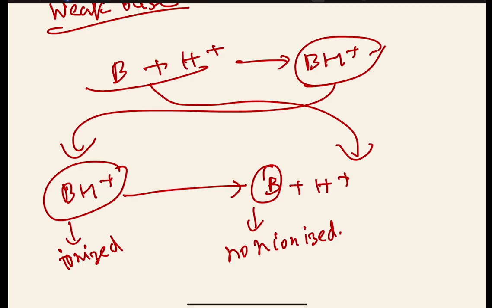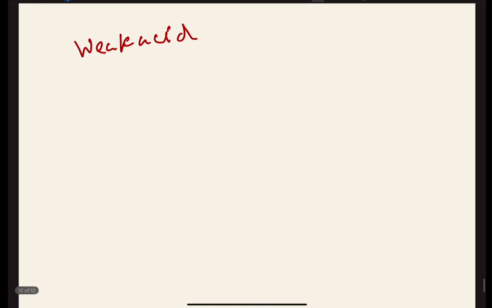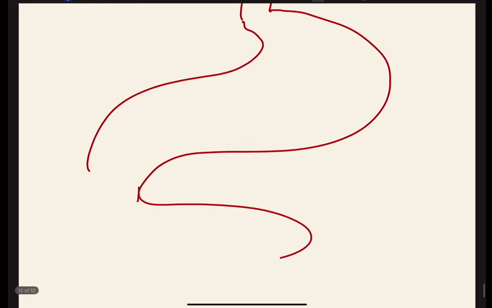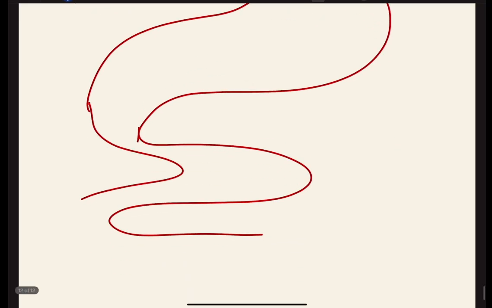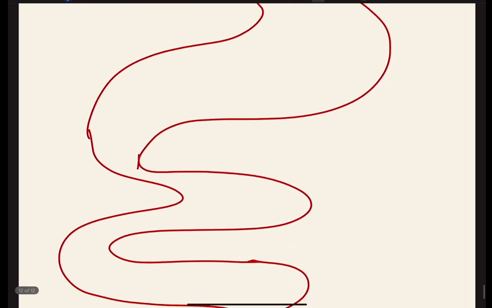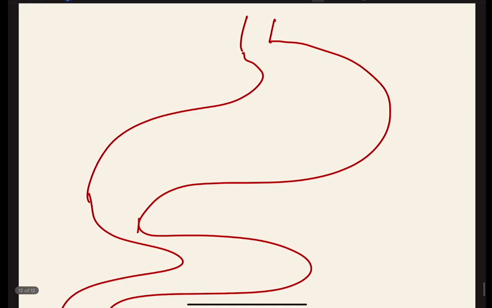Now, let's assume that you have taken a weak acid drug, or HA, orally. Then, when you have taken this orally, this is your alimentary tract, this is your stomach, and this is your small intestine. In the stomach, you have an acidic environment.